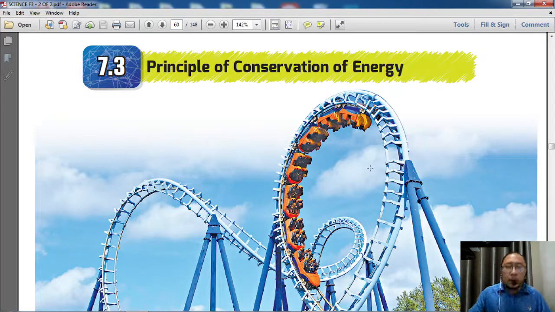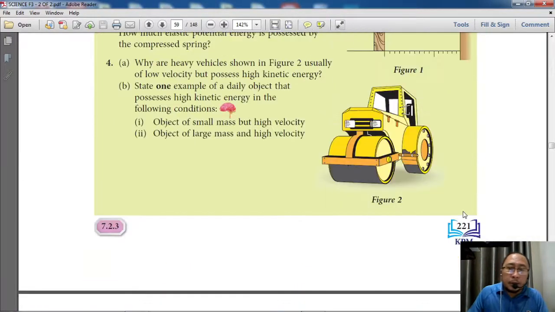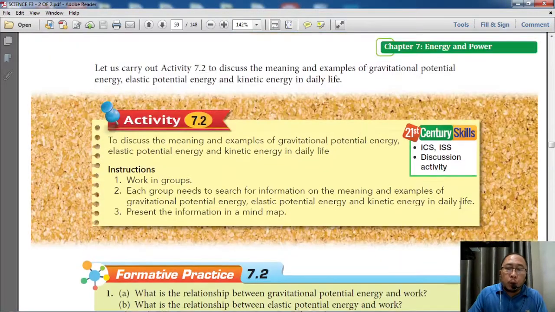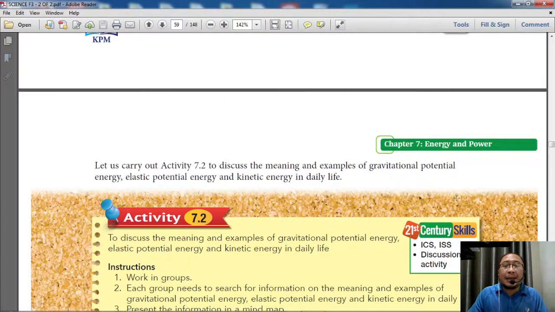So today we are going to discuss 7.3, Principle of Conservation of Energy. Before this, we have learned about subtopic 7.2, potential energy and kinetic energy.